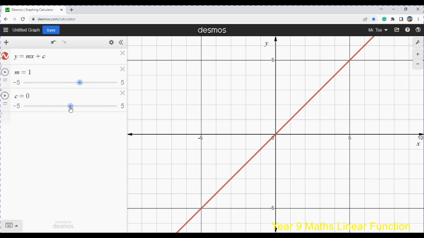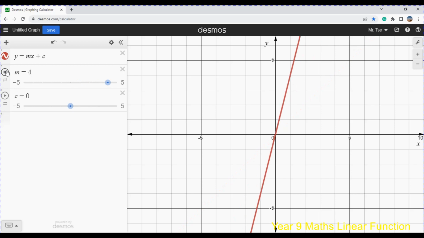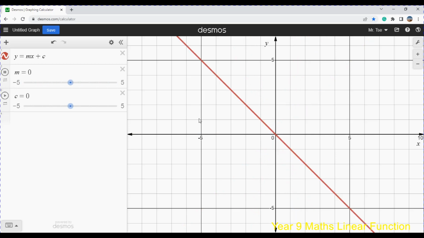Okay, let me stop here. I make c equals 0, so I go back to the origin. But then I'm going to change the value of gradient. I see that when the value of gradient is changing, the y-intercept is not changing.